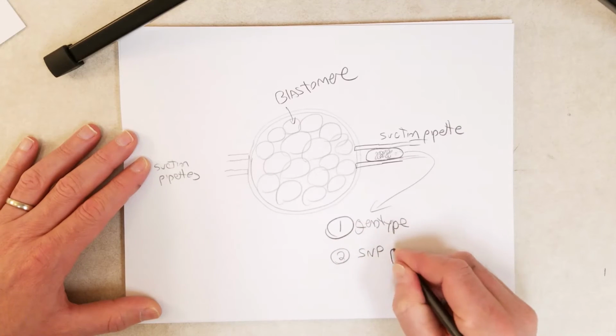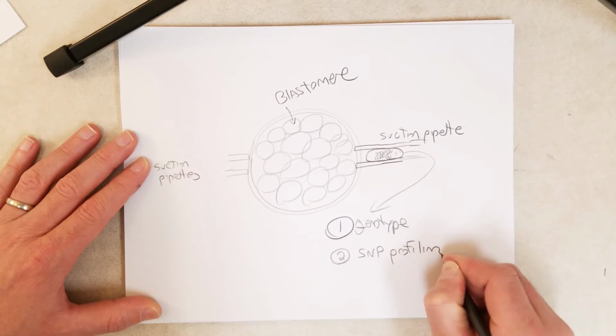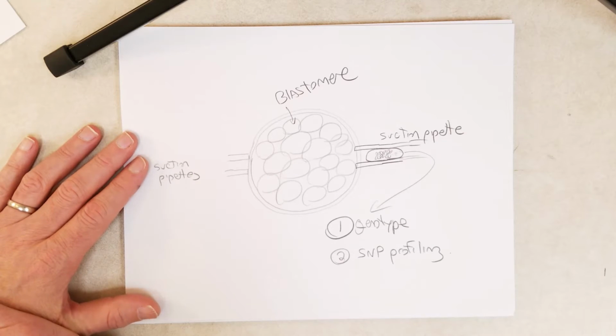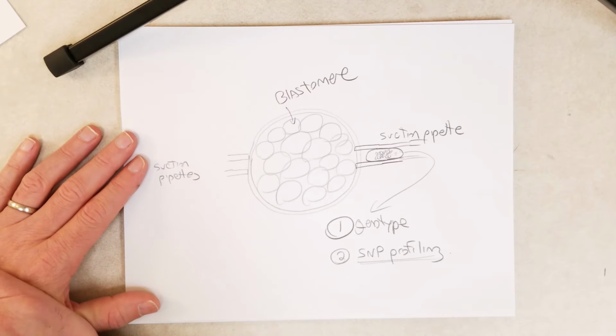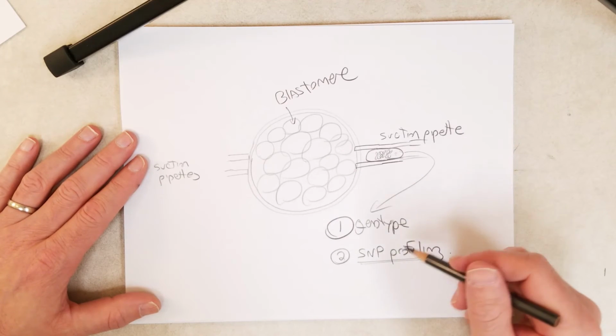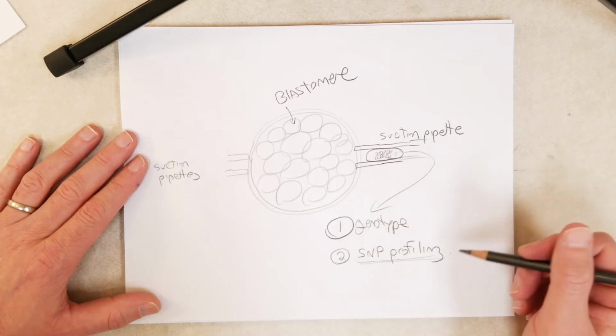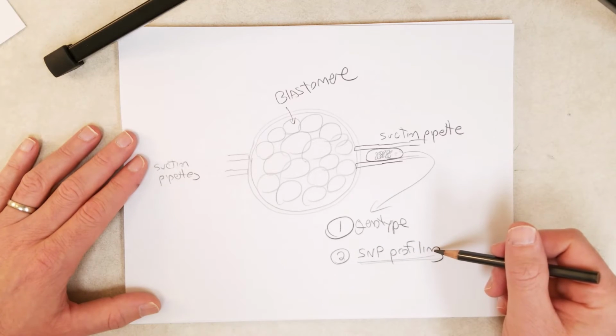What else is possible? How about SNP profiling? We had a whole lecture on SNP profiling and 23andMe and Ancestry.com and those technologies, which are still in early stages, and we can't quite predict lots of phenotype information from SNP profiles yet, but we can get some information, and as we move forward, it's going to be possible to get more and more information from our SNP profiles and have more accurate predictions of the phenotype of an individual with a specific SNP profile.